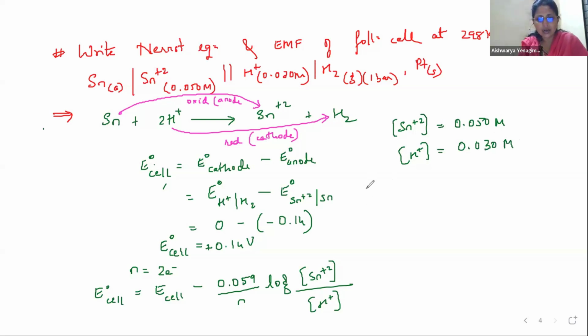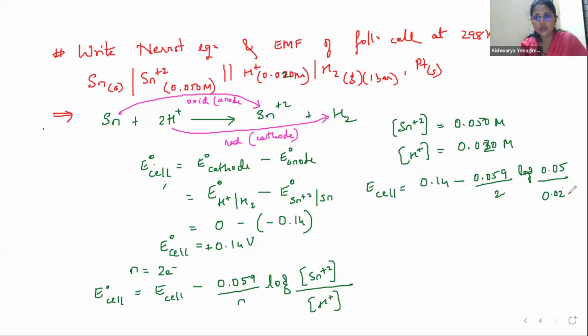So E cell, let's calculate. E cell is equal to 0.14. I have substituted E naught cell here, I have taken this side. Okay. Minus 0.059 divided by 2 log 0.05 by 0.02. I'm sorry, this is 0.02.